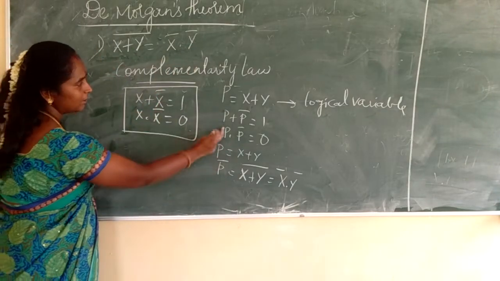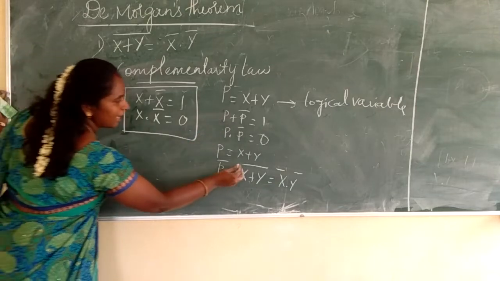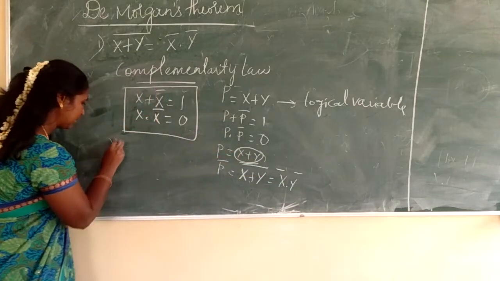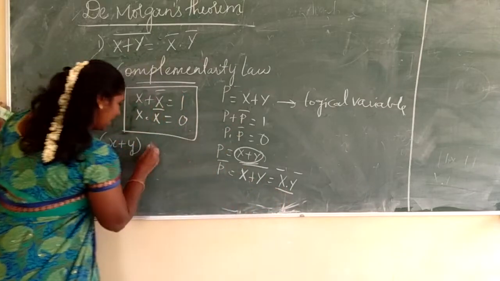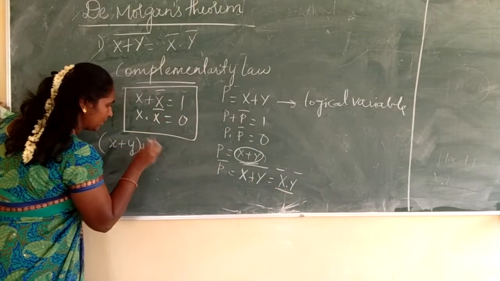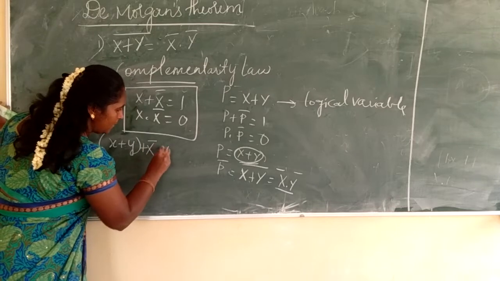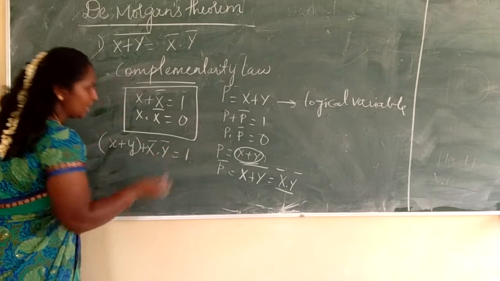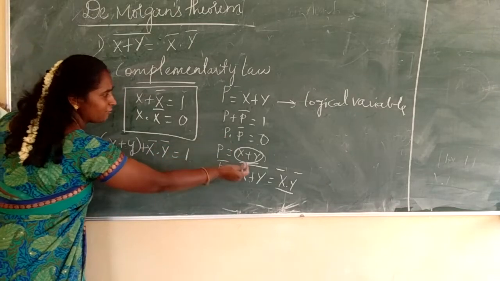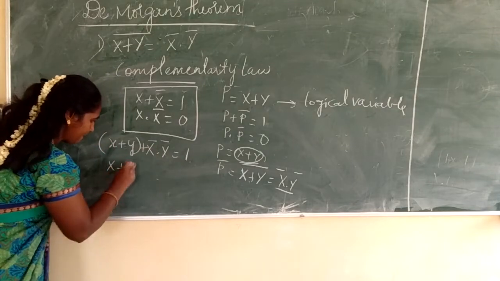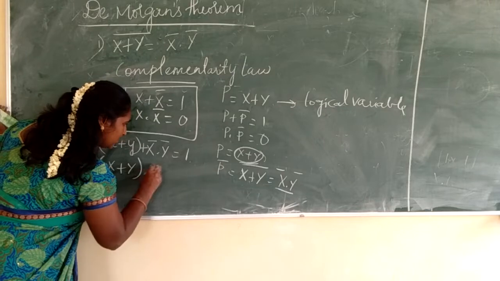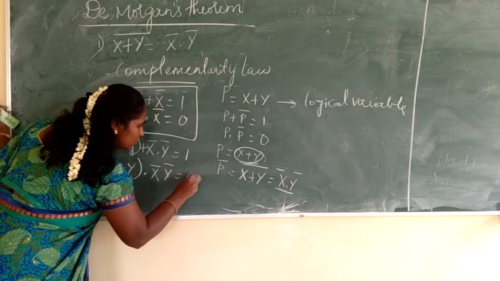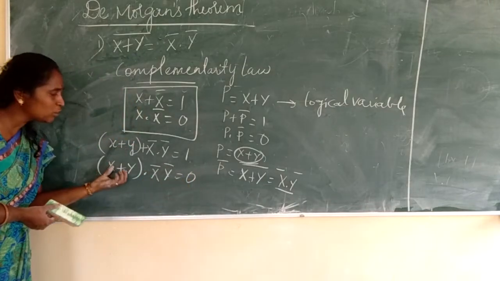In place of p, the value is x plus y, and in place of p bar it is x bar into y bar. So (x + y) plus x bar y bar is equal to 1. Next, (x + y) into x bar y bar is equal to 0. We have to prove these two conditions.